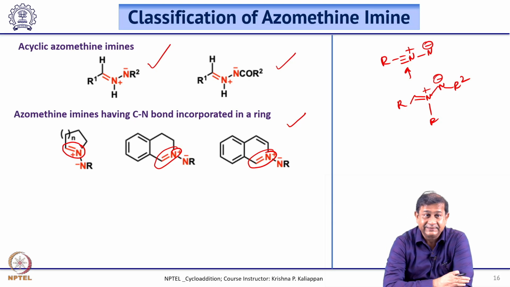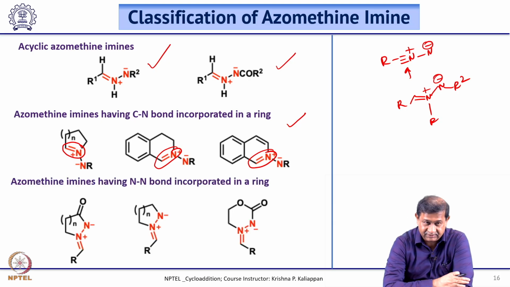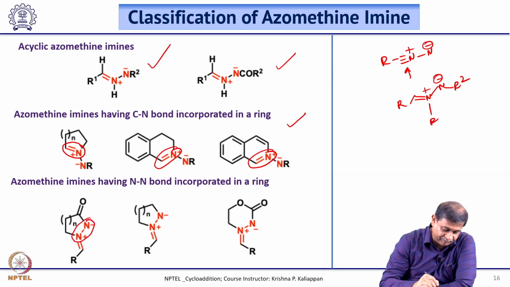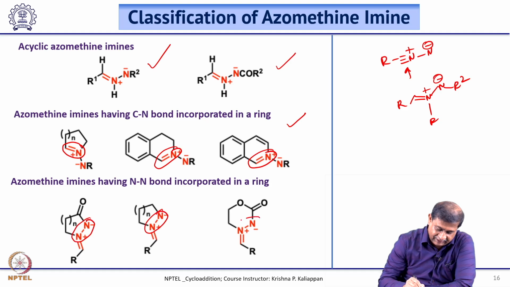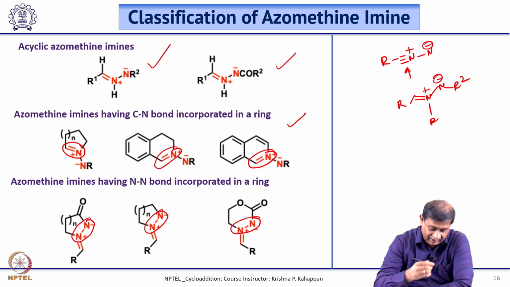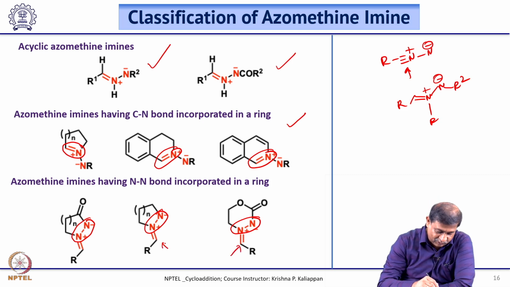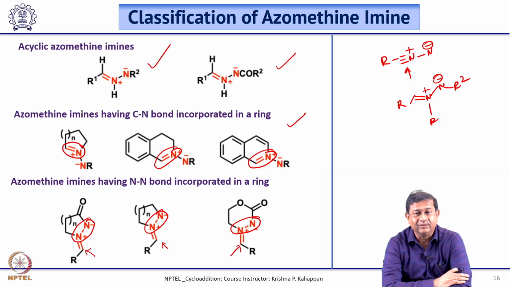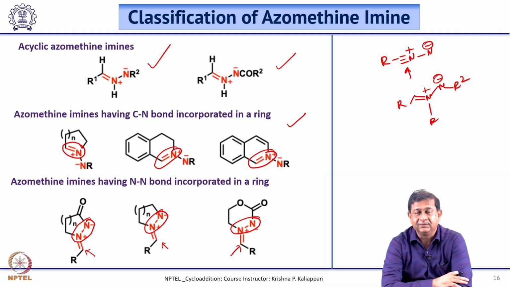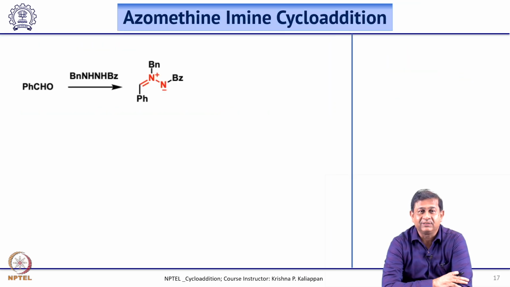This is the second type of azomethine imines. Then the third type, where the N bond, in all the 3 cases, the N bond is inside the ring, whereas the N double bond C is outside the ring. So these are the 3 different types of azomethine imine.